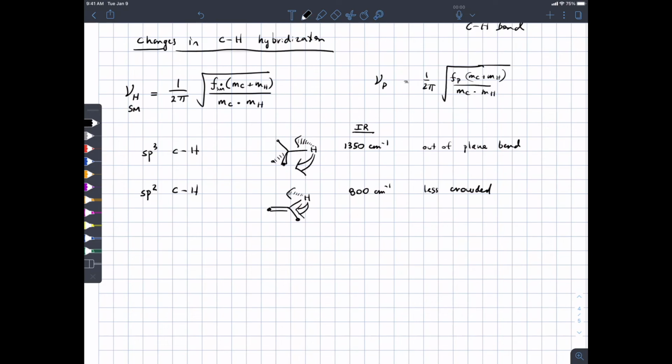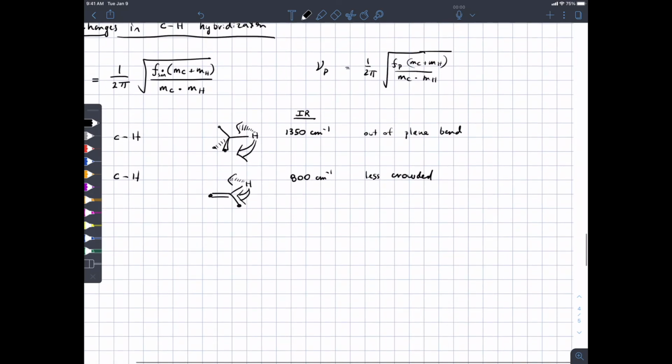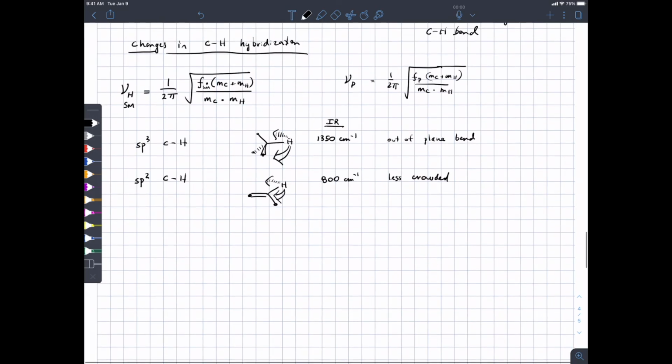Okay, so one of the things that we could say is that the out-of-plane bend for an sp3 hybridized carbon has a stiffer, larger force constant, whereas the sp2 hybridized carbon-hydrogen bond vibration out of plane has a weaker, smaller force constant.